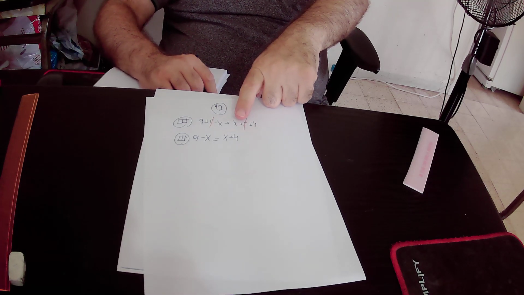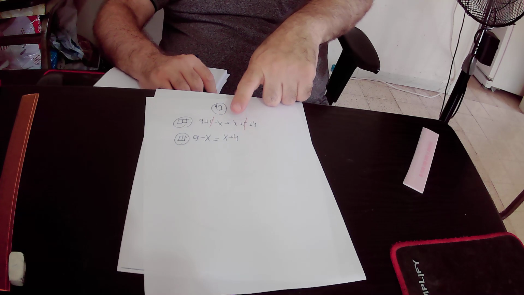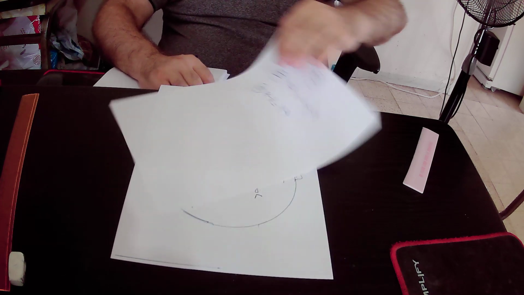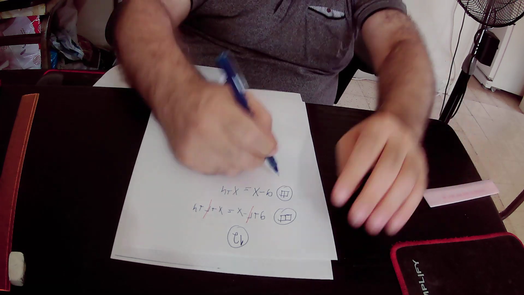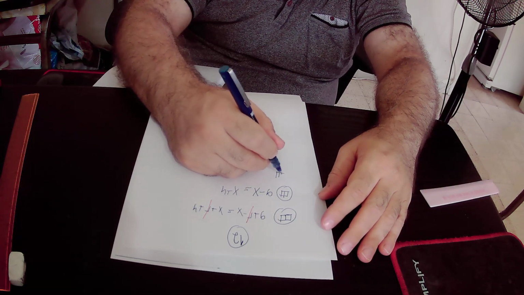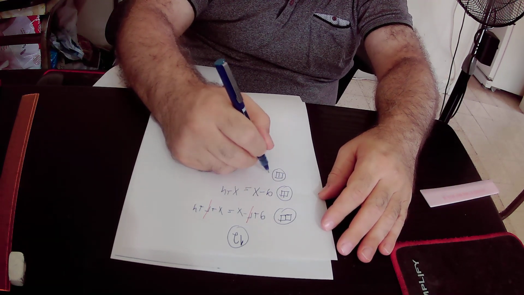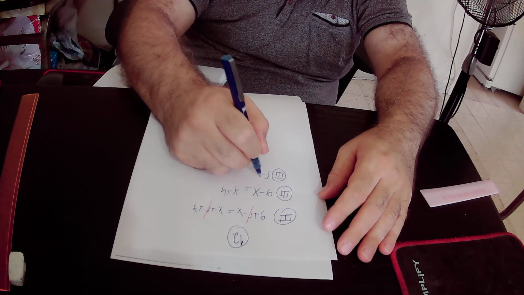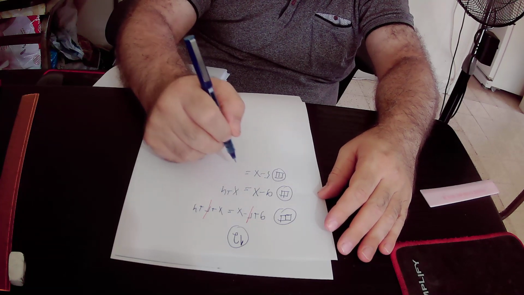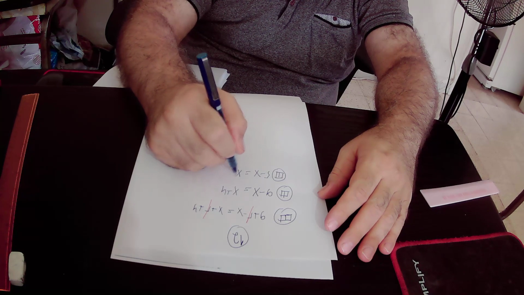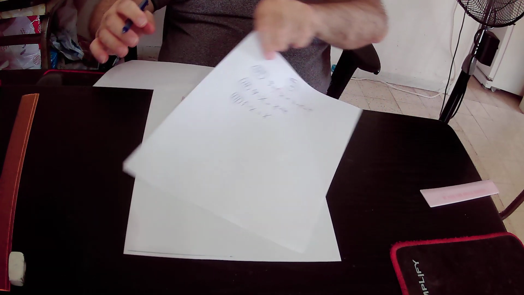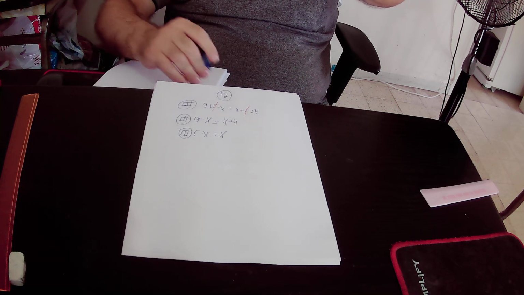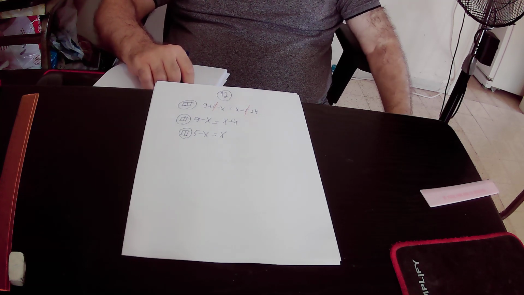Here we will subtract 4 from this equality, and we will get that 9 minus 4 is 5, minus x equals x. Okay, we got that 5 minus x equals x.